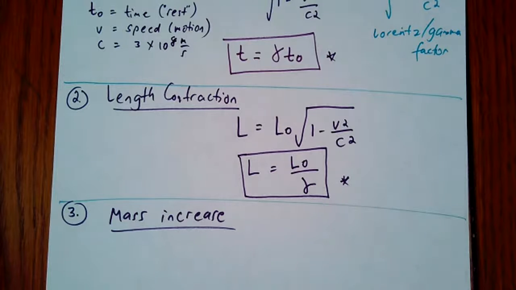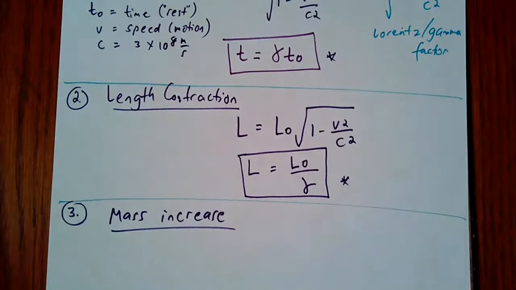So basically, as you go faster, you gain mass, and as you gain mass, you need more energy input to maintain that speed, because you're increasing your mass.